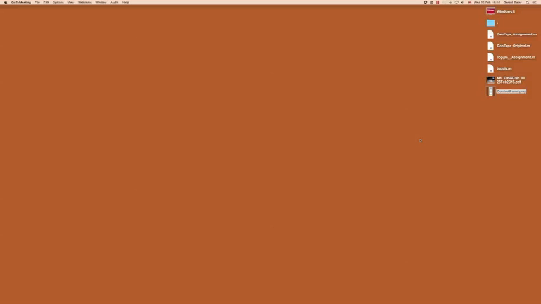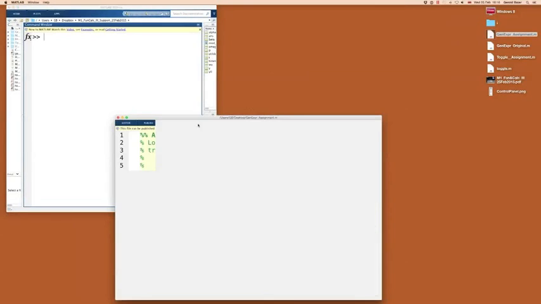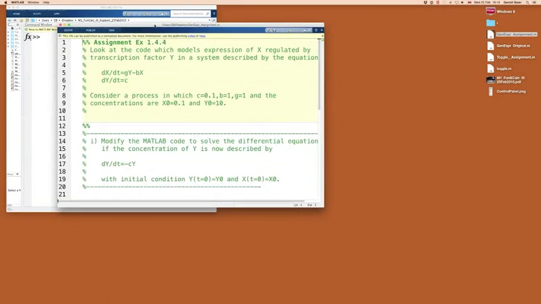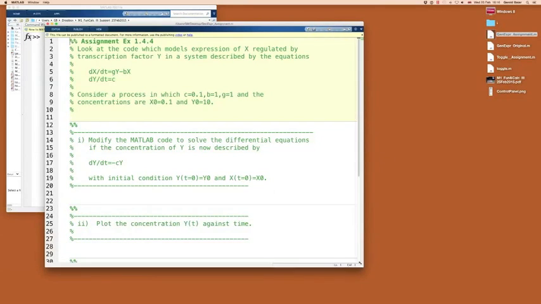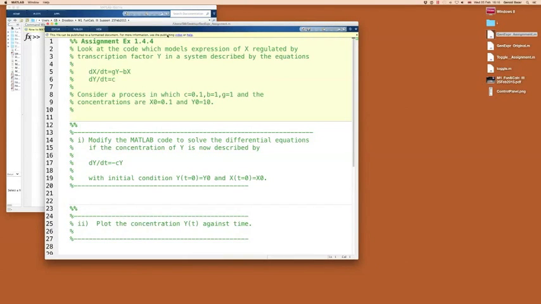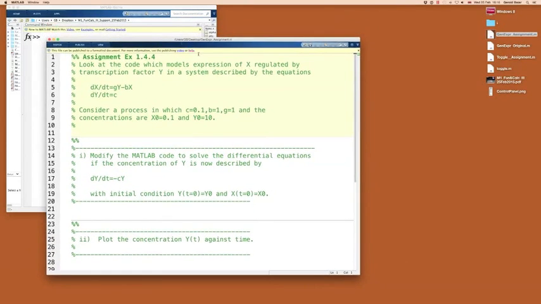Let's have a look in MATLAB at what we actually have as an assignment. We have a file on the desktop with our assignment in it. I just made it big enough so you can read everything. The assignment says, look at the code which models expression of x. You need to have looked at the textbook to know what this means, but I guess you're familiar with this.